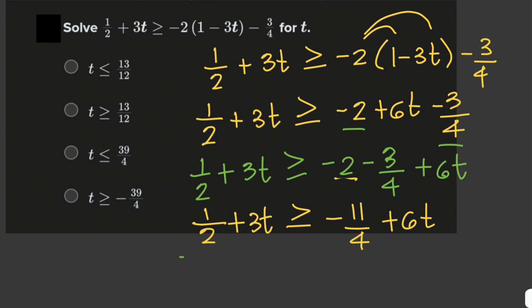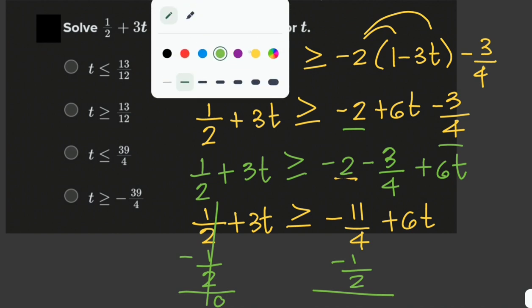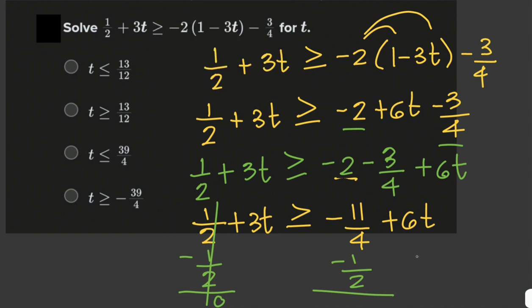And then we subtract 1/2 from both sides to get rid of 1/2 on the left. So this is just 0. And we have negative 11 over 4 minus 1/2.